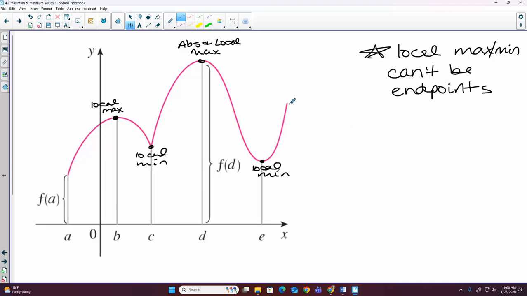Because if I look at this one, it's higher than the points on the left, but are there any points on the right to compare it to? No. It could still be an absolute, but is this one an absolute max or min? No. So this point is nothing. What would this one over here be? The absolute min. It can't count as a local min because there's no points to the left, but there are points to the right. So absolute maxes and mins could be endpoints, locals cannot. And a point could be both local and absolute.